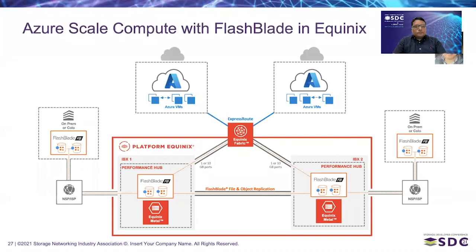That is where we had a FlashBlade. I mention FlashBlade because it is a platform that supports both file and object in an Equinix location, and we used Azure VMs to scale beyond a data center. For example, a chip design company would like to go beyond, because there are certain stages in the development phase where they run out of compute resources, and they would like to use the cloud for cloud bursting because they do not want to delay the release of the chip design.